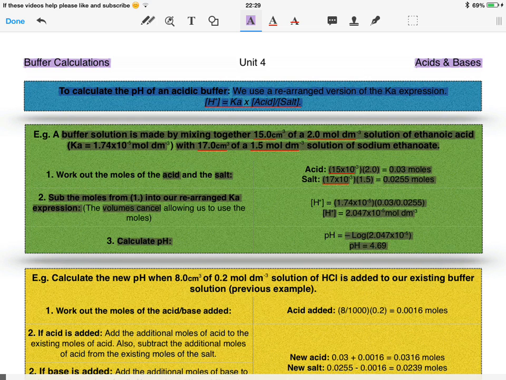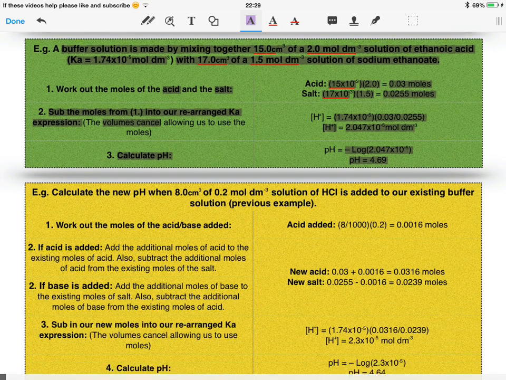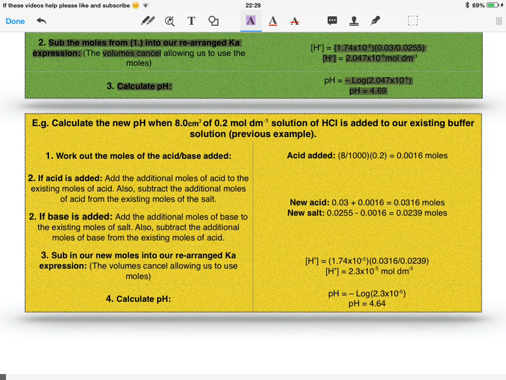What normally comes next from these calculations is a part 2 or a part B, and this is where we calculate the new pH if an acid or base is added. For example, calculate the new pH when 8 centimeters cubed of 0.2 mole per decimeter cubed solution of hydrochloric acid is added to our existing buffer solution, the previous example.